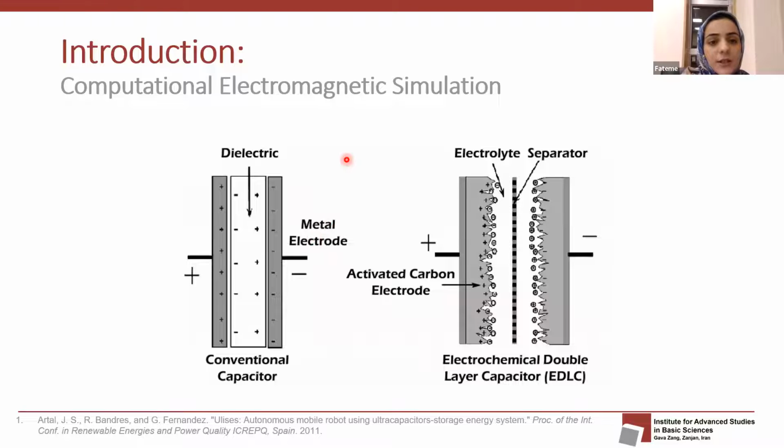As we mentioned in the title of our work, we want to calculate the potential of charged particles that are surrounded by conductive walls. This problem is very important in computational electromagnetic simulation, molecular dynamic simulation, chemistry, or even industry.